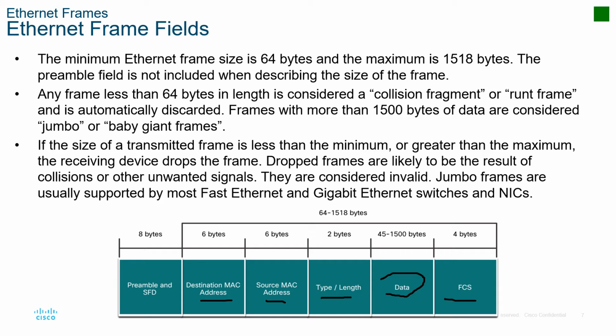In the frame, there's this concept we need to take note of: a minimum frame and a maximum frame. Minimum is around 64 bytes, maximum is 1518 bytes. If a LAN card receives a frame that is lower than 64 or higher than 1518, the Ethernet device, like a LAN card or Ethernet adapter, will discard it. It will drop that. It is considered an error. So this is one standard that we have in Ethernet technology.